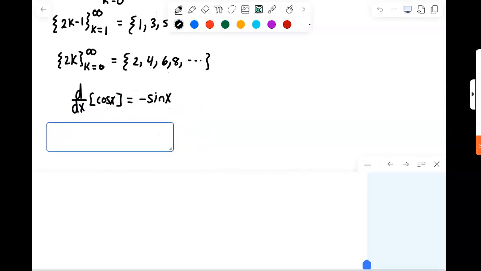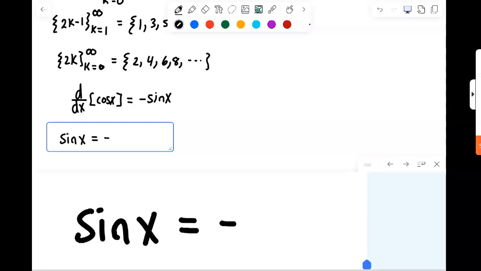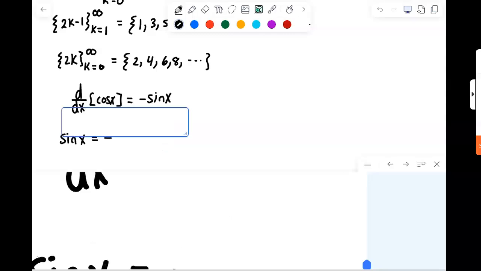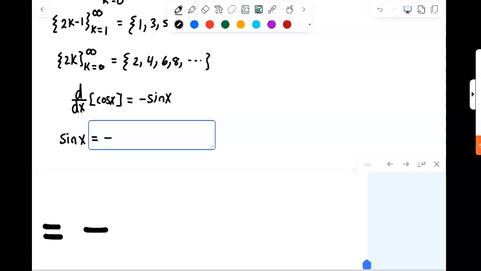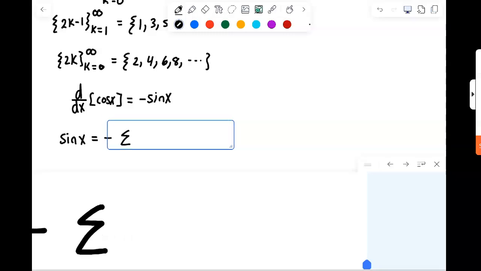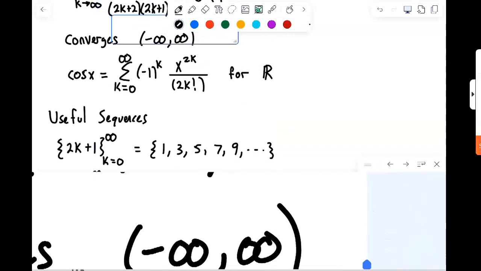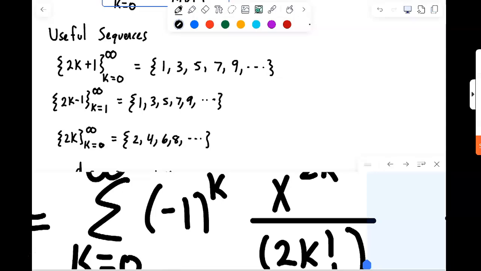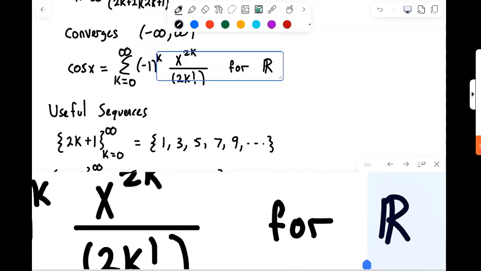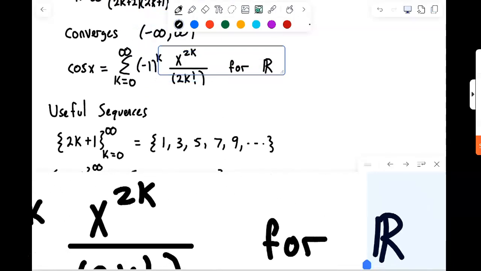That means that the sine function would be the negative of the derivative of the cosine. And then we apply the derivative of the cosine to our series. What was the cosine? Well, we had a minus 1 to the k. That's just a number, so that's just going to stay there. And then we're going to do the derivative of each polynomial term. Well, the exponent is x to the 2k.